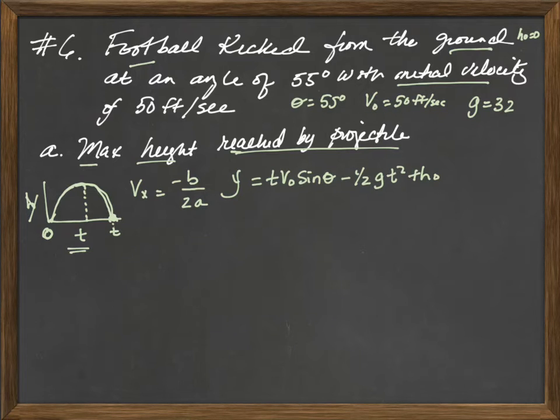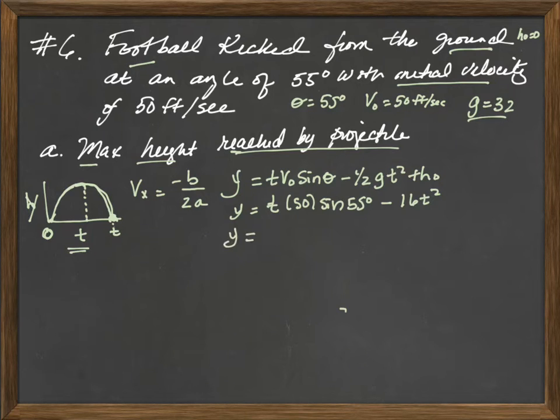So let's substitute in our numbers, and then get it in standard quadratic form to give our a's and b's. So we would have y equals t times v naught, which is 50 sine of 55 degrees, minus 16, because we're using half of 32, t squared plus 0.